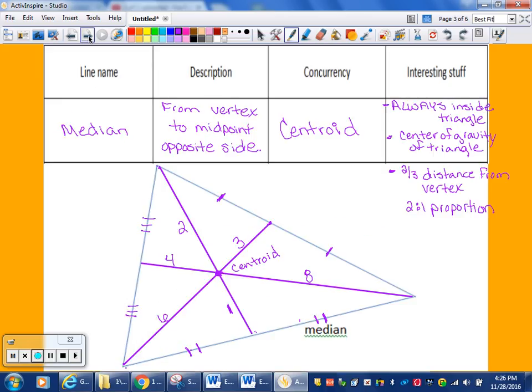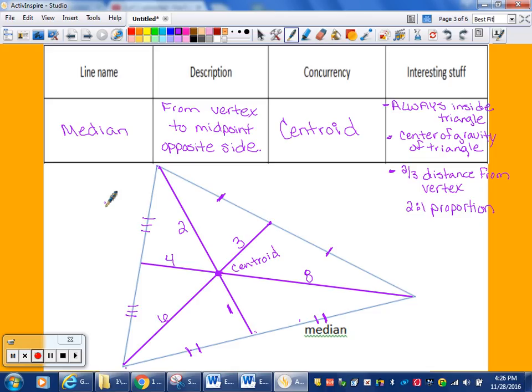The third point of concurrency is formed from the medians of a triangle. A median is from the vertex to the midpoint of the opposite side. When your medians are drawn into a triangle, they intersect at a point which we call the centroid. The centroid is always inside the triangle.